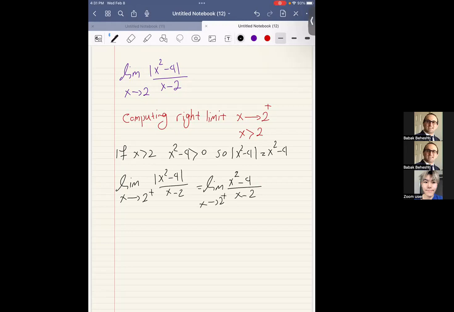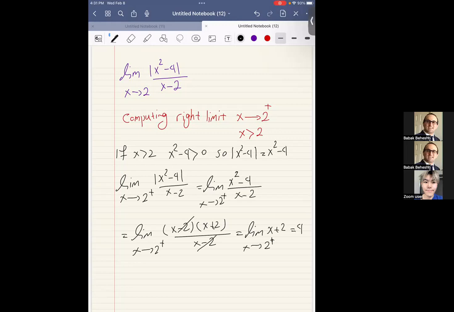On the top, I can write x squared minus 4 as x minus 2 times x plus 2. You can cross out x minus 2 and x minus 2, so x minus 2 is gone. Then you have the limit of x plus 2 as x goes to 2 plus, and this is equal to 4.